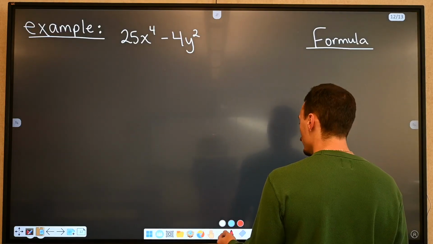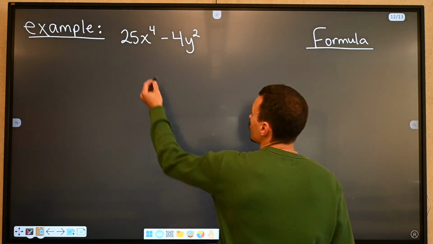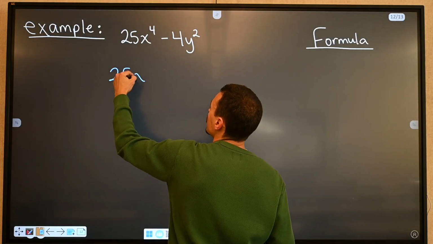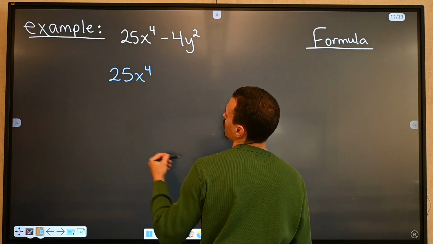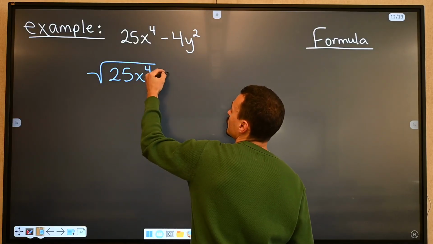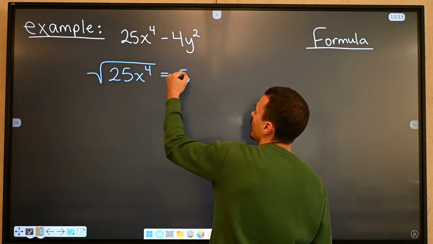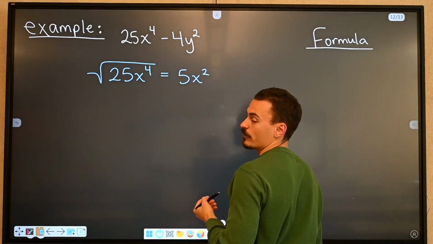Okay, a little bit more difficult one here. Right here we have 25x to the 4th. Okay, the square root of that would equal 5x squared. Remember from ELO 2.